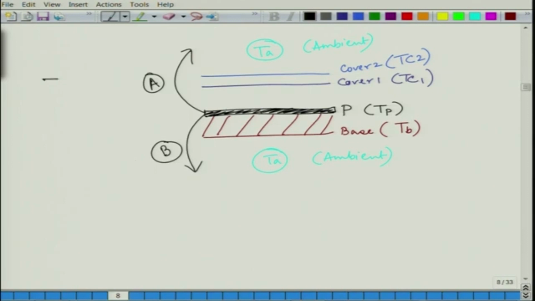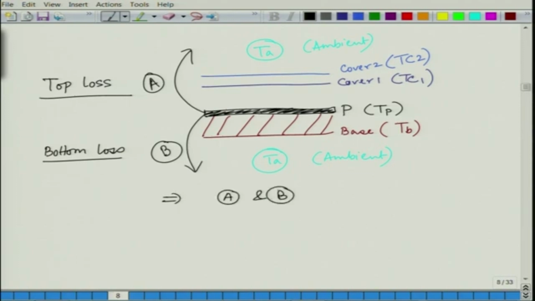So, this is the top loss, that path we name A, and the bottom loss, both losses are happening to the ambient. Here we can say that A and B are parallel in the thermal circuit. So, basically you have a node here at Tp and a node here at Ta.